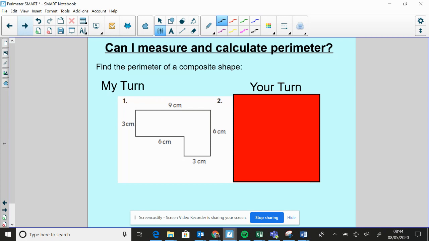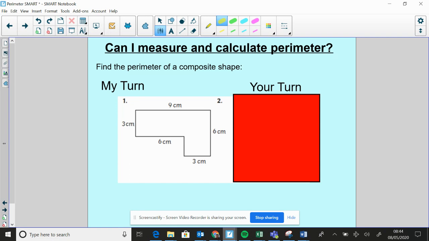But usually shapes are not as straightforward as rectangles, and sometimes we'll be challenged with composite shapes, which means a shape that's made up of different shapes. So here we could break this shape up into two really, and you could think of it as 2 rectangles together. Anyway, that's what we call a composite shape. What we need to consider here is, have we got every single side measured?